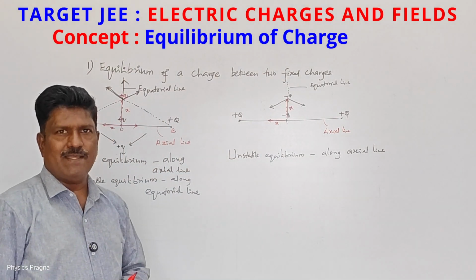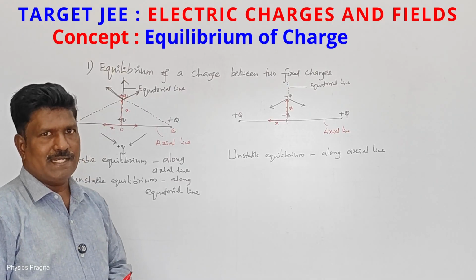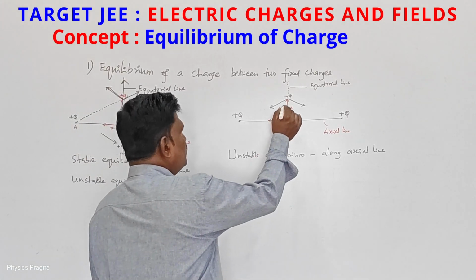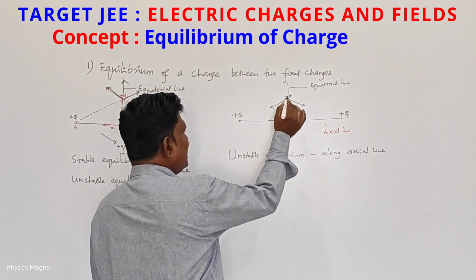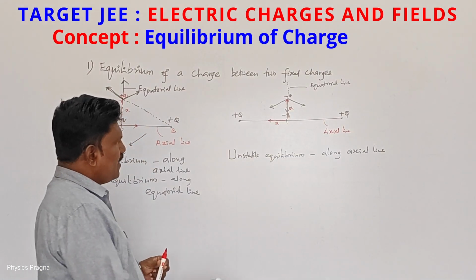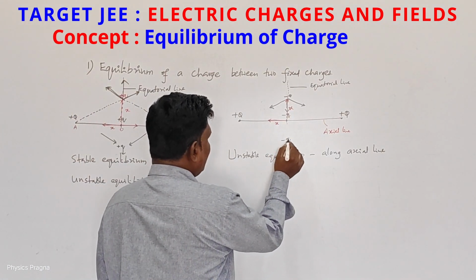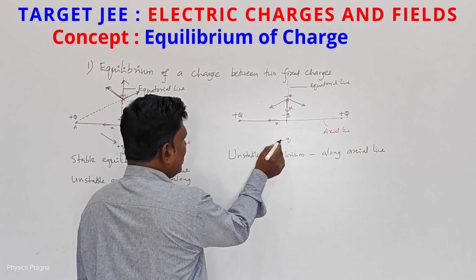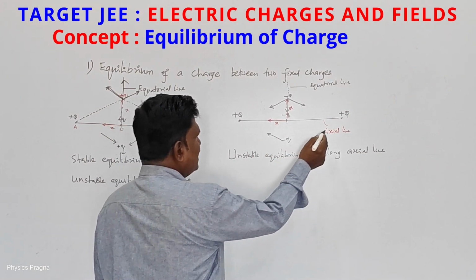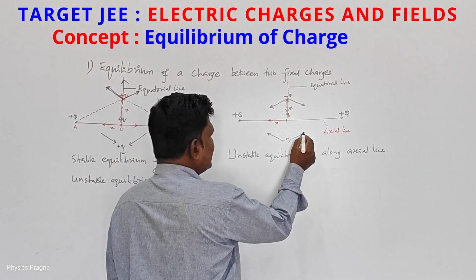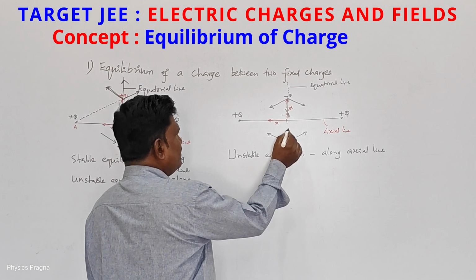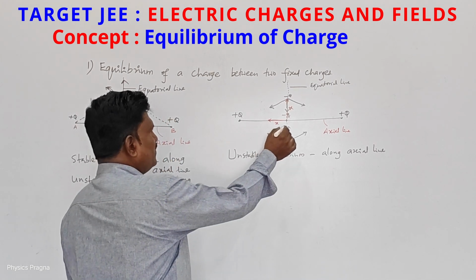When two forces simultaneously act on a body at some angle, the body moves in the direction of the resultant force. If I place the negative q charge here, also this plus Q will attract this minus q towards it, and this plus Q also attracts it, and it will move towards the mean position.